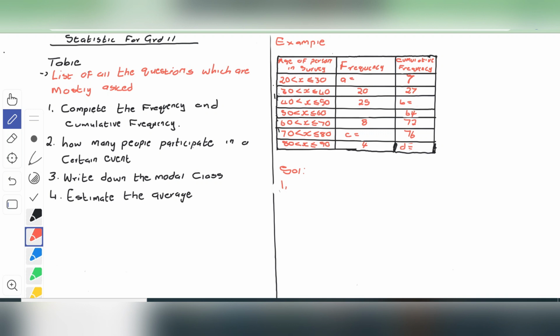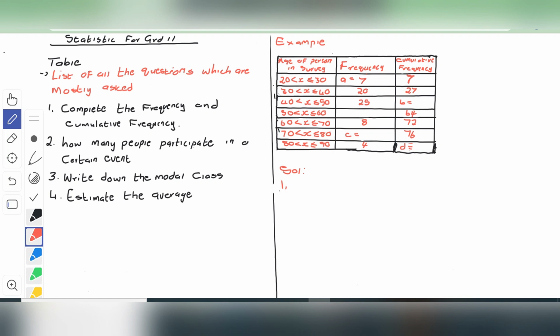So our A is going to be 7, right? Why? Because the first frequency we take the way it is, and then we write it in our cumulative frequency table. So if it's 7 here, obviously even here it is going to be 7. So what is B?